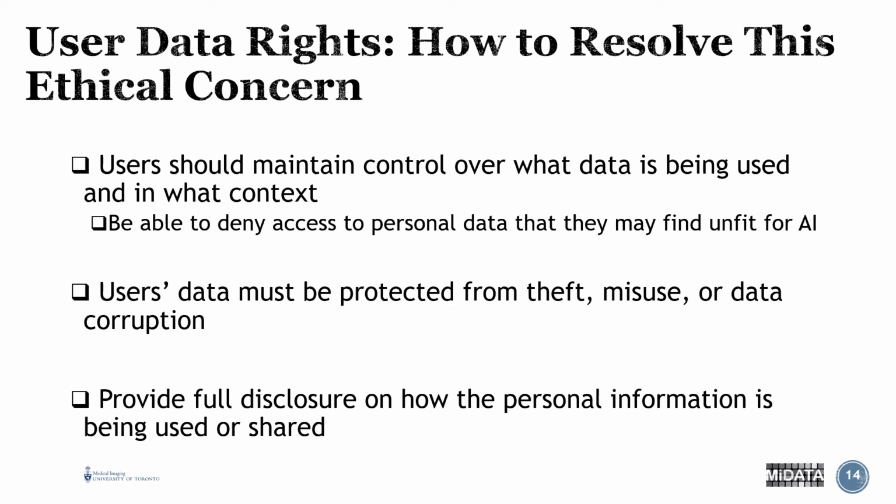The data from users must be protected, of course, from theft, misuse, corruption. That is data security. And one should always provide full disclosure on how the personal information is being used and shared.